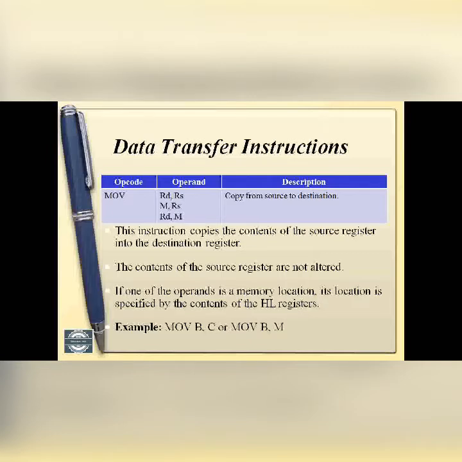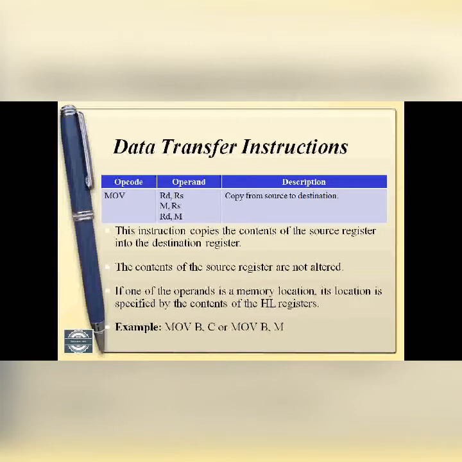Generally the purpose is to move. Here see, the operands are written Rd, Rs, M, Rs, Rd, M. These mean registers. The second one is the source, from where it is copied and moved to the first one.